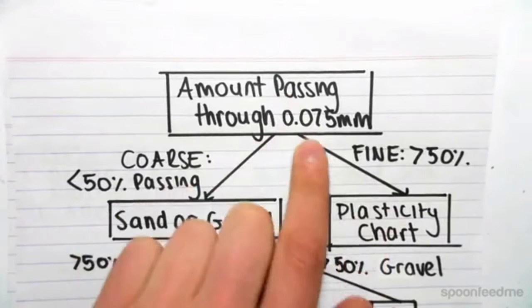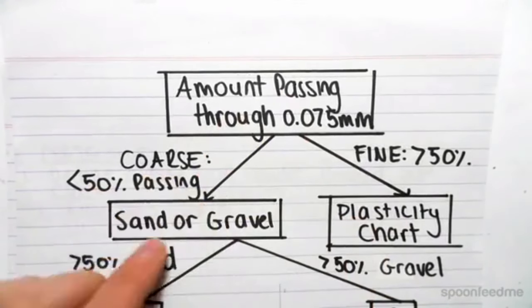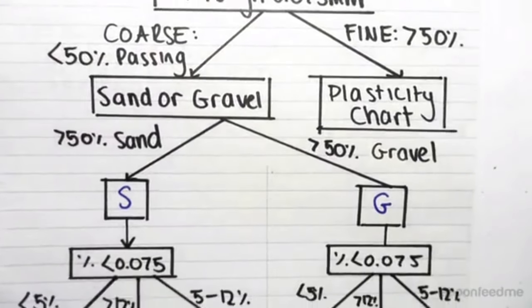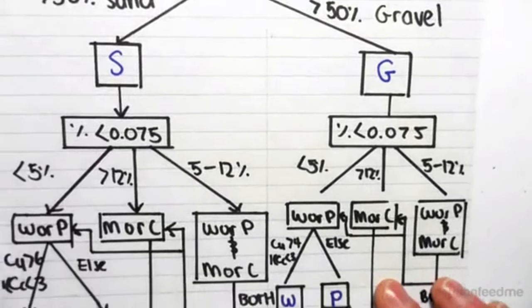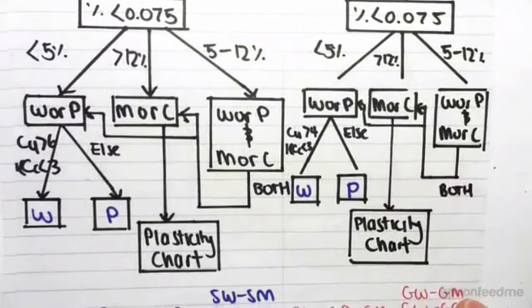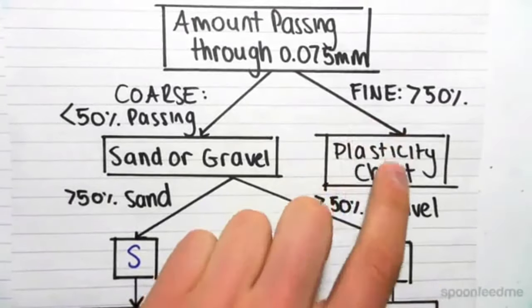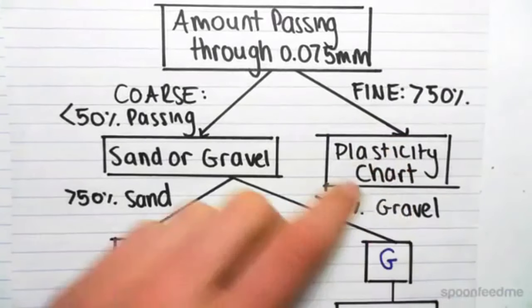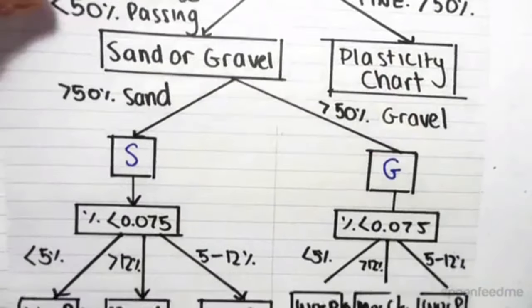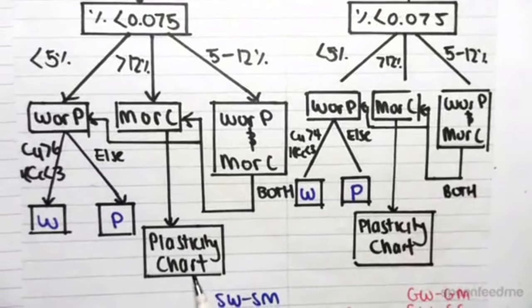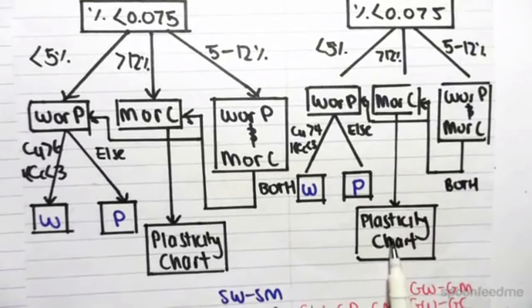It's very simple for a fine soil, but for a coarse soil, you can see that it's quite a long process. It looks very confusing, but when we do a couple of examples, you'll see it's not that hard at all. And the reason I'm doing the fine soil first is because we come to this thing called the Plasticity Chart, which could come up later for a coarse soil, depending on which branch you go down. So you can see it's down here as well.